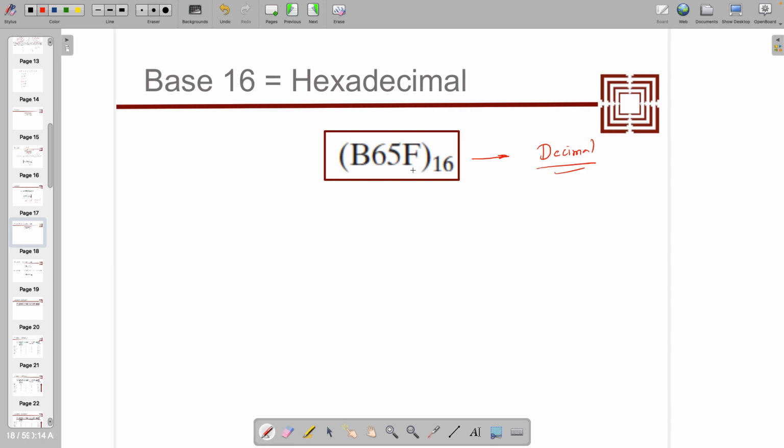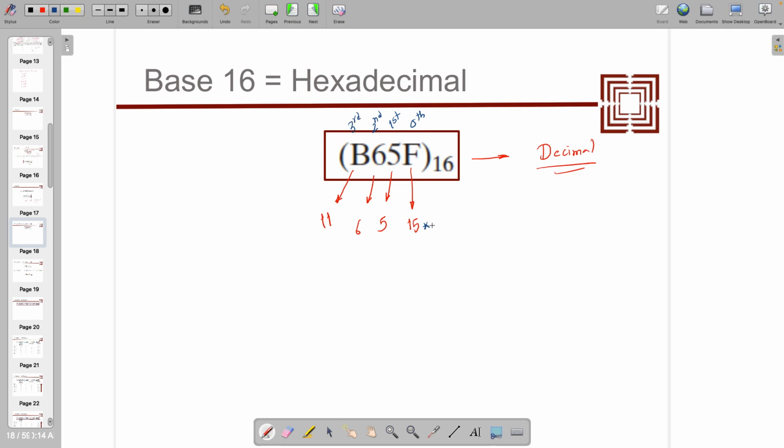So in this case, you know that in hexadecimal F is equal to 15, 5 is 5, 6 is 6, and B is 11, right? So all these are in hexadecimal. So how to get the decimal number from the hexadecimal? You have to multiply each one of them with the appropriate digit or the position of the digit.